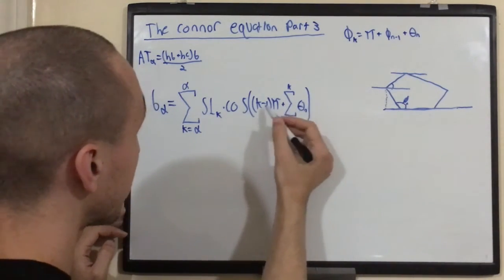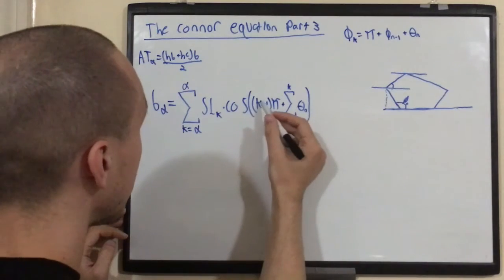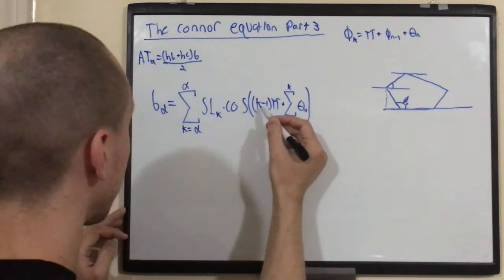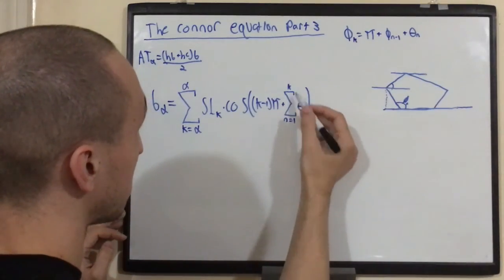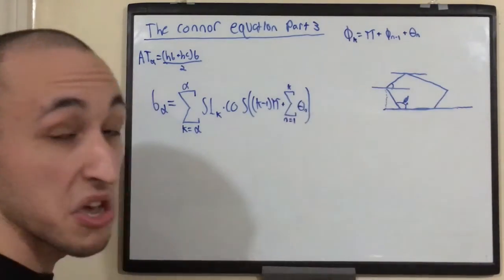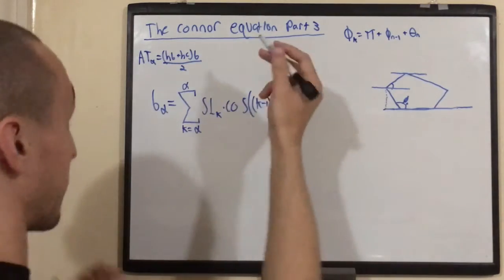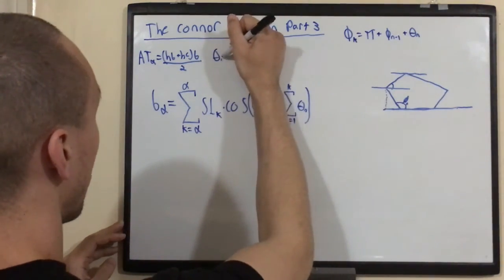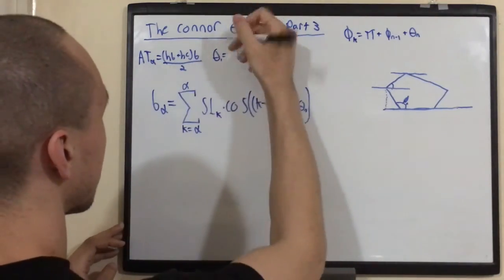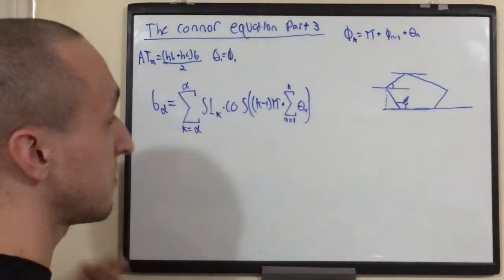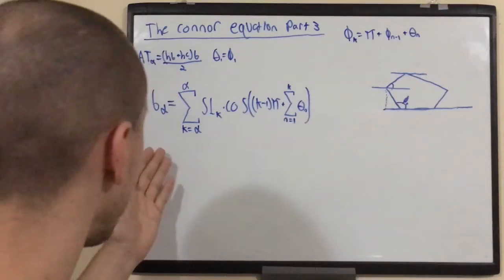On our first side, K is going to be 1, so 1 minus 1 is 0. And n equals 1, we remember theta 1 equals phi 1. So this is it right here.